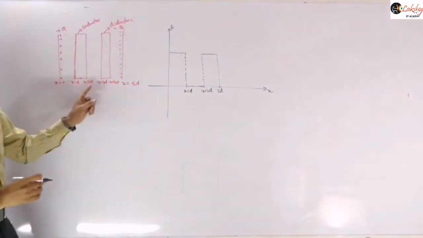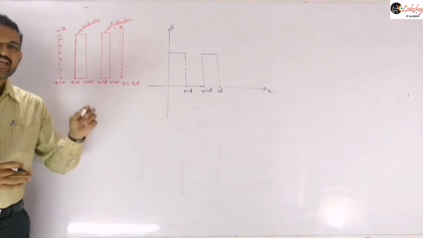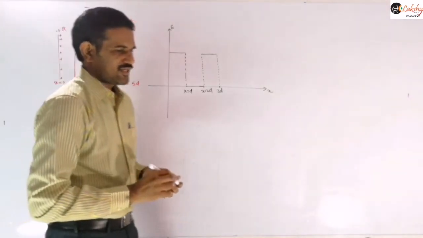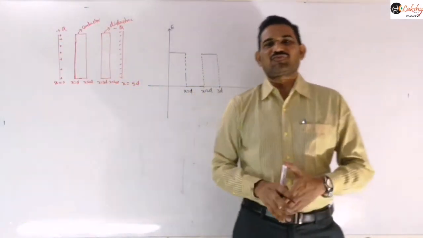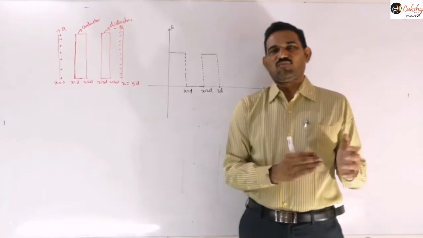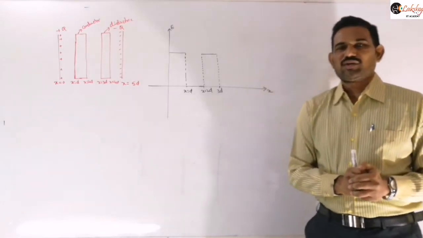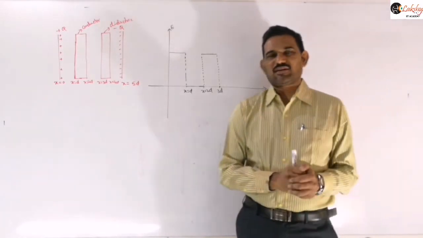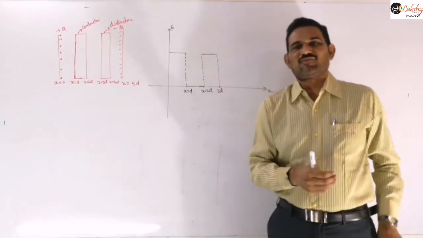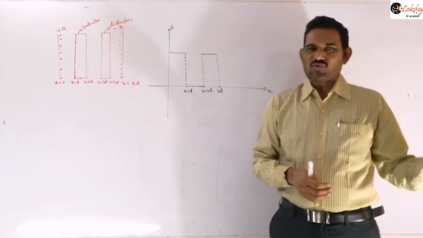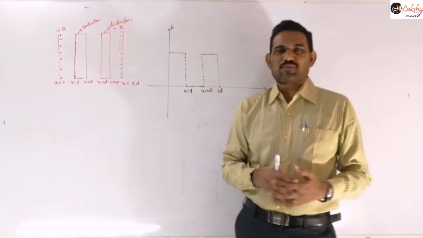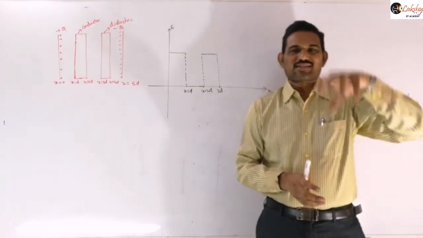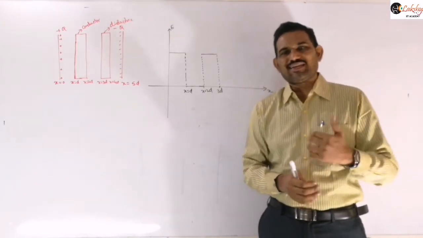And next from 3d to 4d, a dielectric medium is there. So how is the electric field varying inside the dielectric when you are moving from one side to the other? We discussed already, and we derived the bound charge expression also. The electric field inside the medium will decrease by k times.